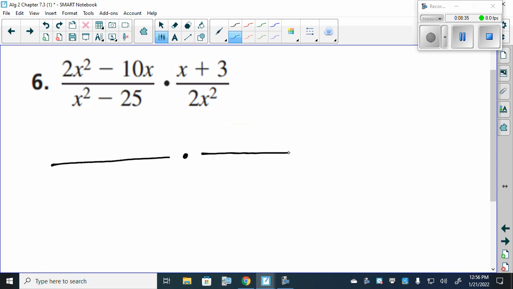All right, guys, let's look at the next one here. So we have 2x squared minus 10x over x squared minus 25 times x plus 3 over 2x squared. Well, we can go on and just rewrite 2x squared because there's nothing we can do with it. We can't factor it, and there's no greatest common factor with just one term.